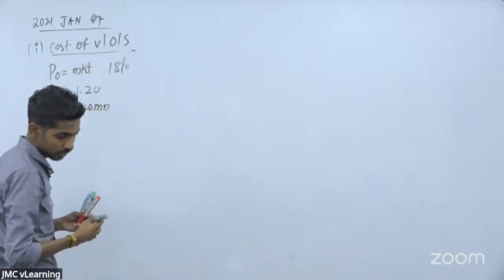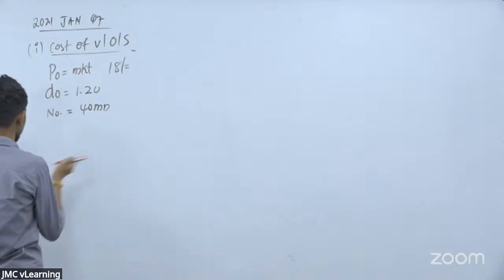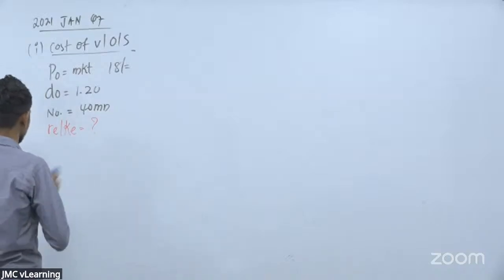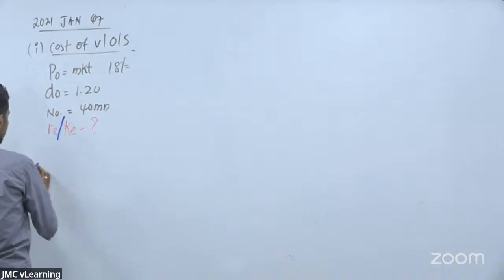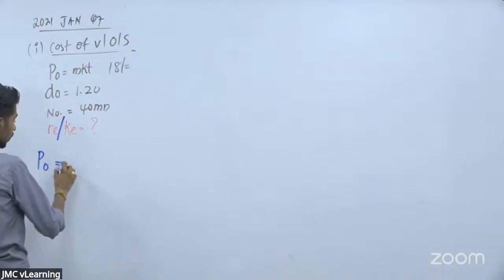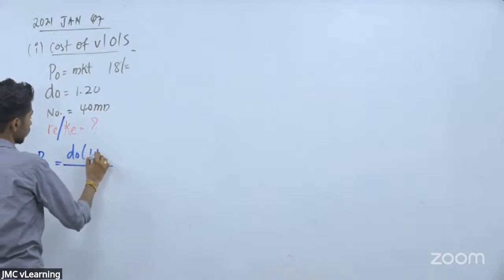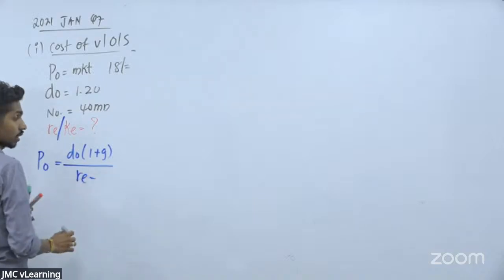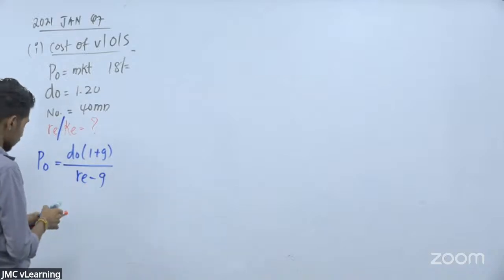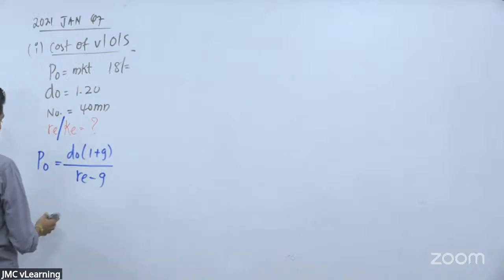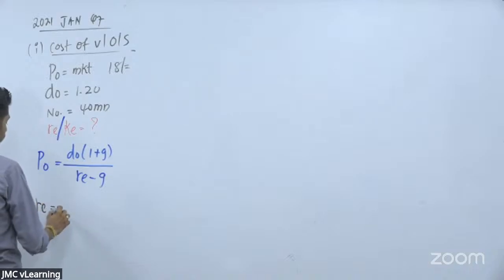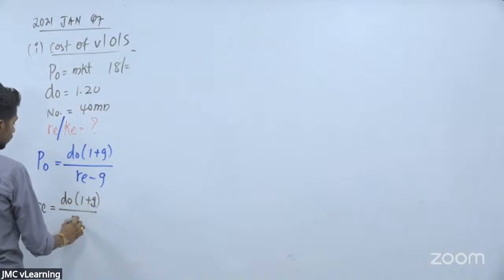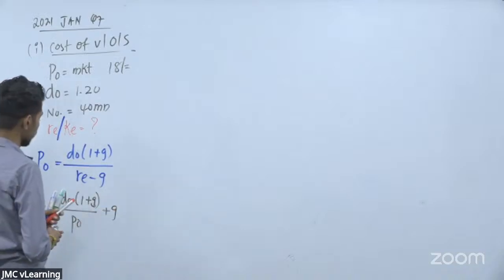Here we have to calculate the cost of equity, RE. Here there is a growth, so P0 equals D0 times (1 plus g) divided by (RE minus g). When we rearrange, RE equals D0 (1 plus g) divided by P0, plus growth rate.